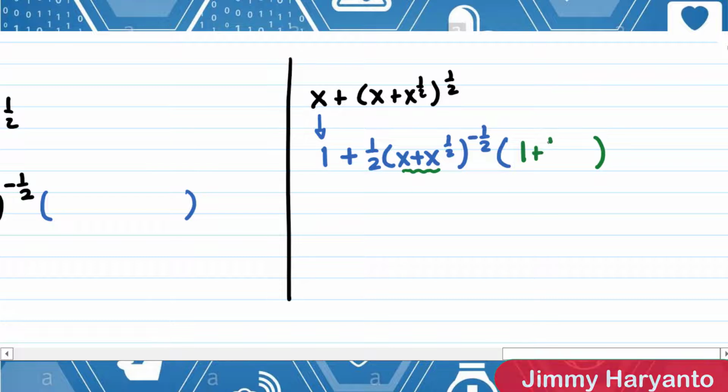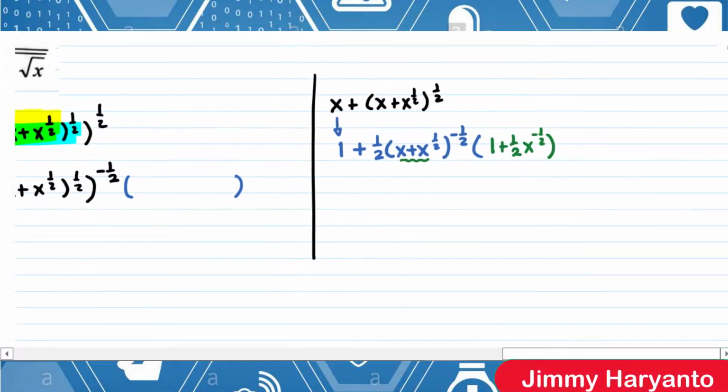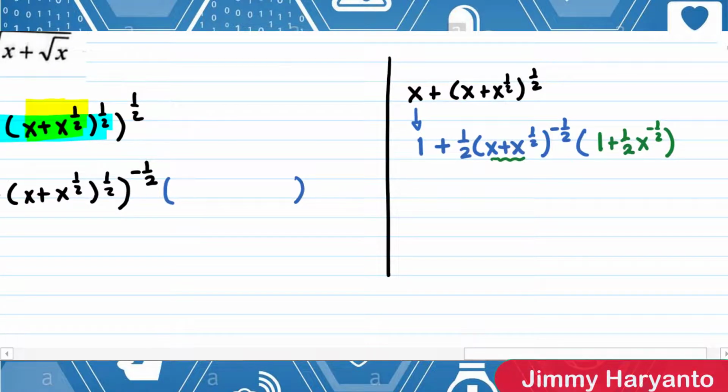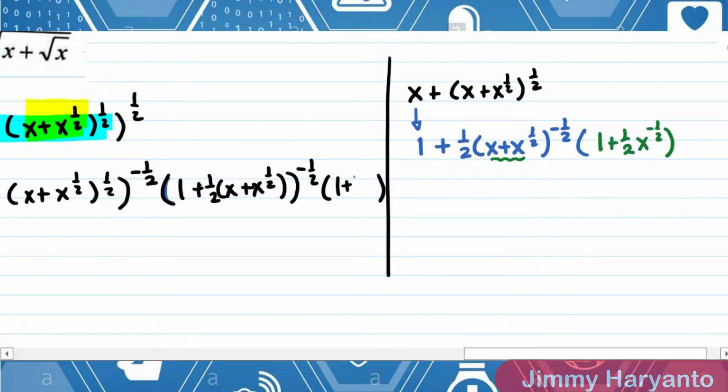1 plus half x to the power of negative half. Okay, correct me if I'm wrong. So I think the answer will be 1 plus half x plus x to the power of half, to the power of negative half, and then times the differentiation of the inner function, the innermost one, that means 1 plus half x to the power of negative half.